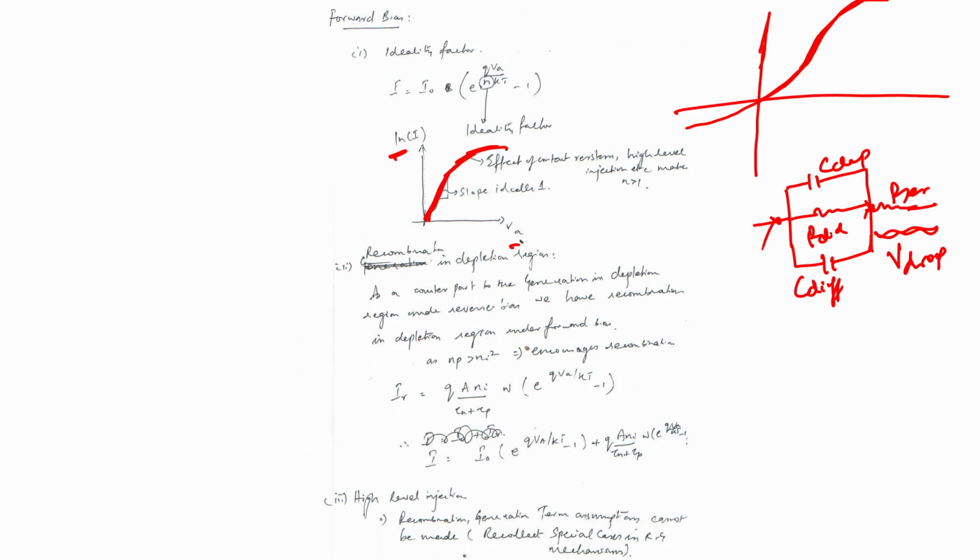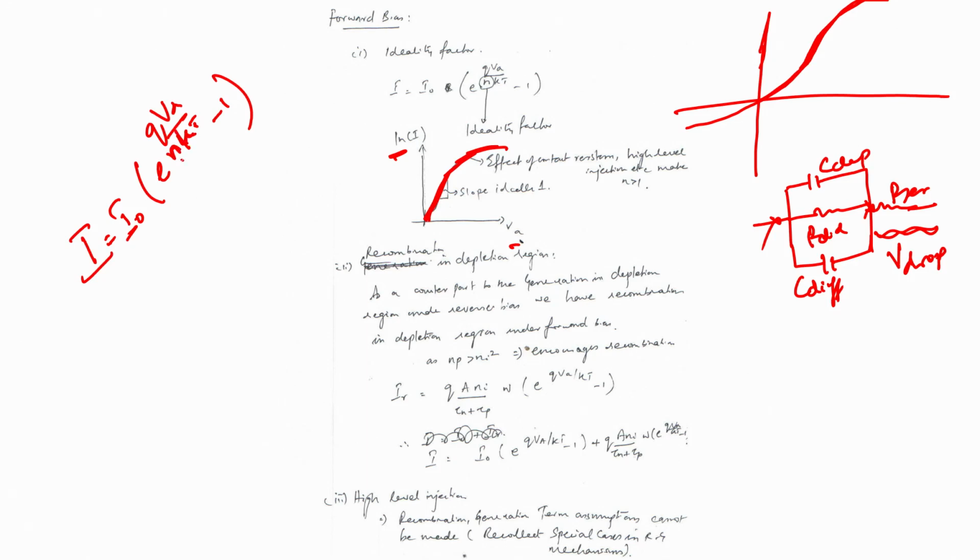And this is all taken care of by adding something called an ideality factor to the equation. Ideally, your PN junction relation had a term like this: exponential of QVA by KT minus 1, but in order to account for all this, we tune down this exponential by adding a factor n in the denominator.